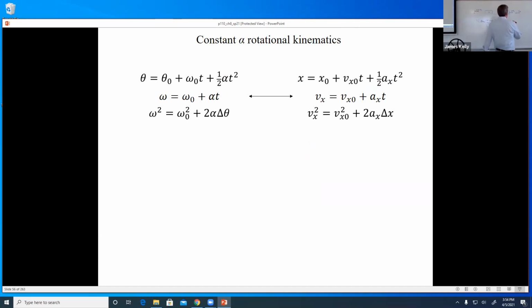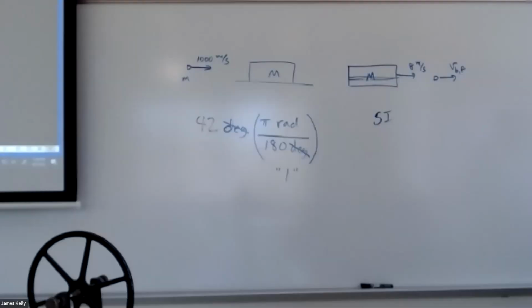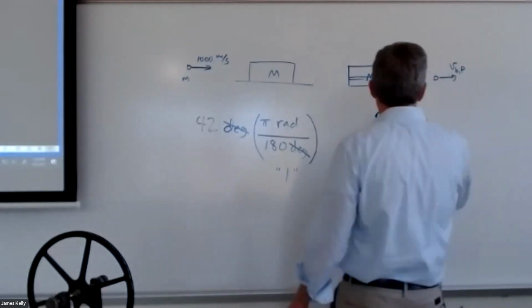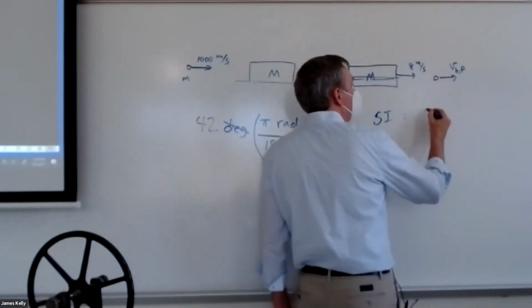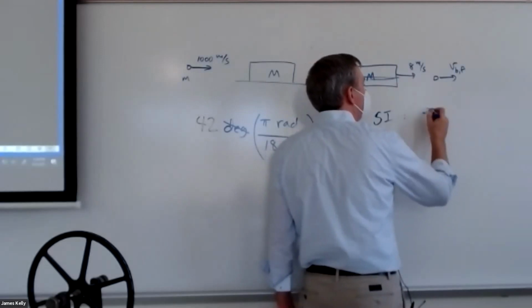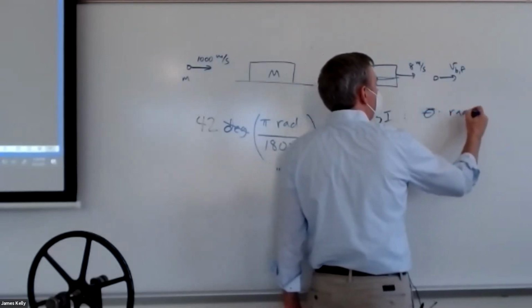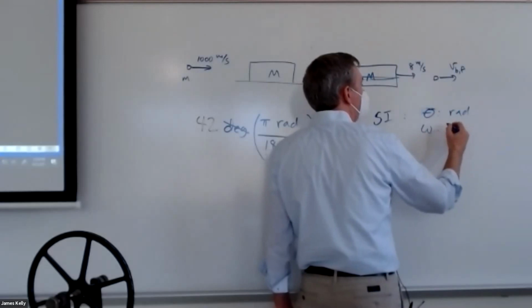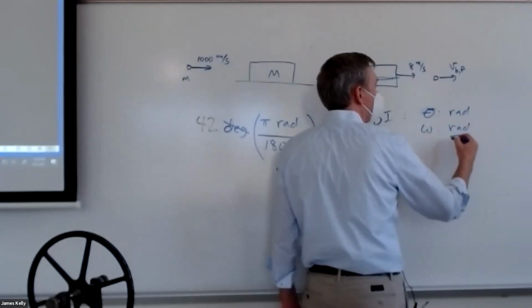Yeah, so in SI units, let me, for the sake of the video, stop sharing. The SI units for theta would be radians. For omega, radians per second.